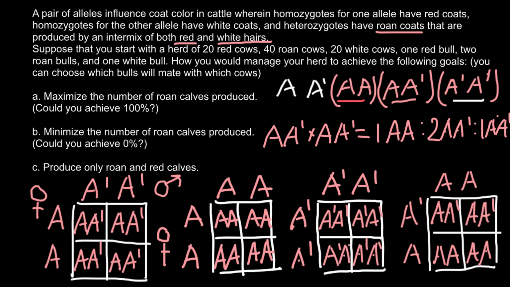So we would have as a result of such a cross 1 red, 2 roan, and 1 white. Once again, 1/4, 50% and 1/4.